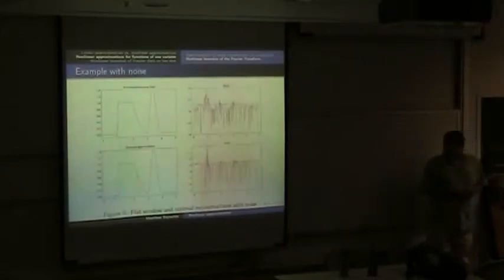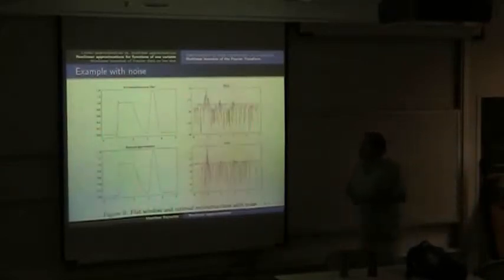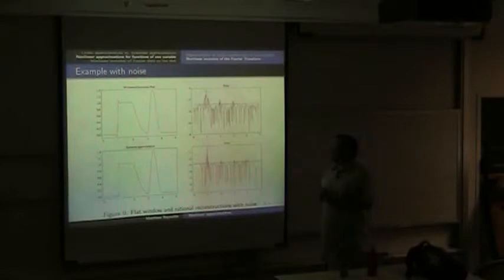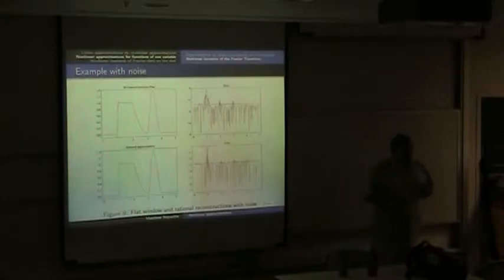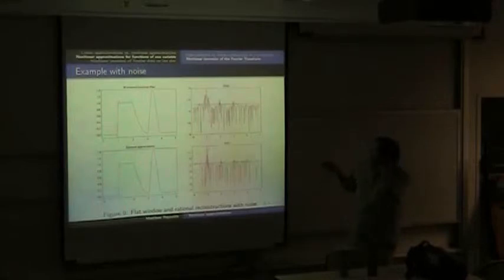All right, so here's the example with noise. We didn't include the Kaiser window because it was doing a lot of damage outside of the singularity points anyways. And what you can see is that you get error that's pretty close to around the noise level away from the singularities.